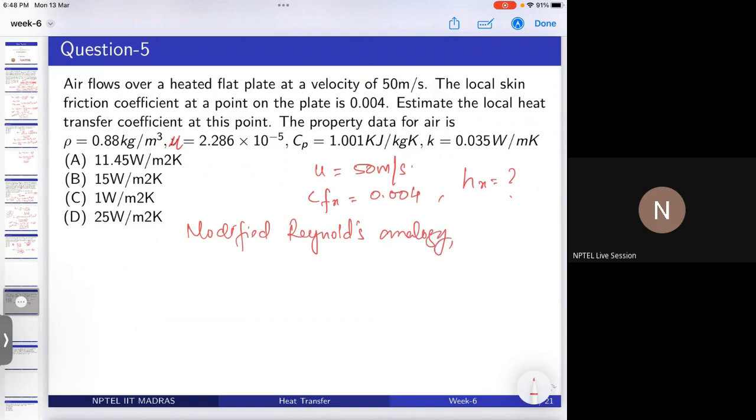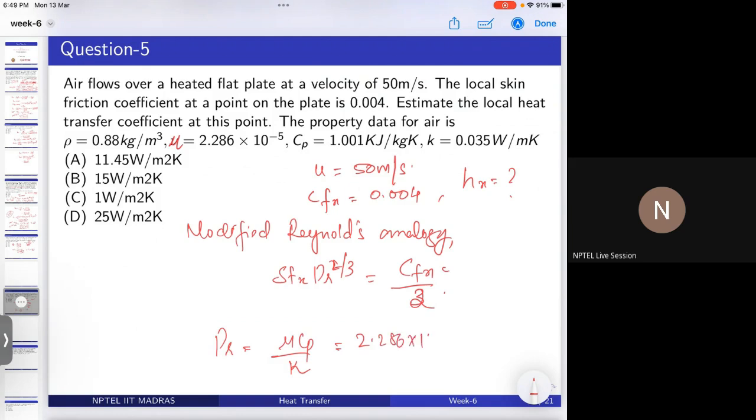which is equal to, am I right? So we have Cfx is given. The Prandtl number you have to find out, that is mu Cp by k. That is mu is given, Cp.